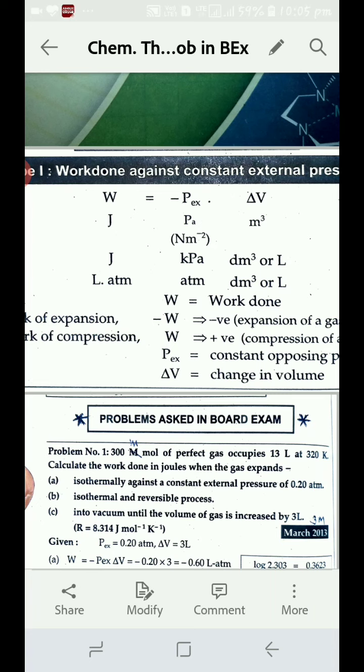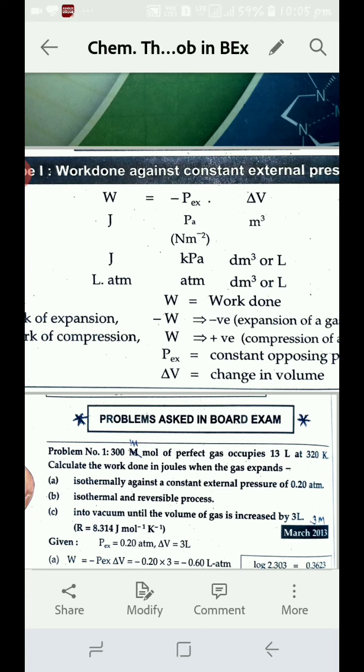But when you have to calculate the work done in joule, 1 atm is nothing but 101.325 into 10 raised to 3 Newton per meter square or Pascal.